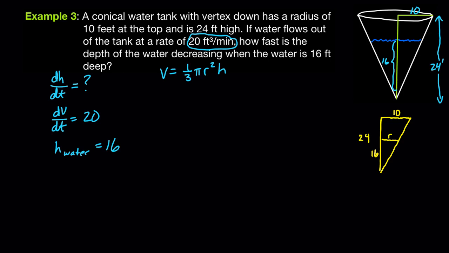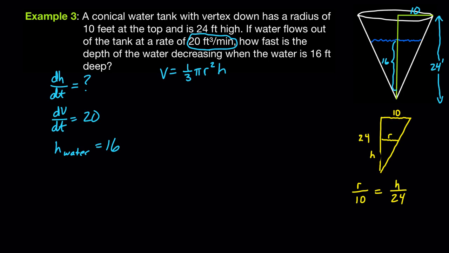Now, we also cannot put the 16 in here quite yet because the height of the water is actually going to be changing throughout the problem. So we're going to leave that as just an h. Now, these are going to form similar right triangles. And from geometry, we have a proportion that works with this where r over 10 is equal to h over 24.